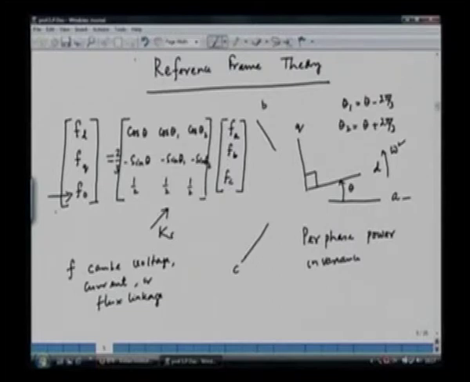So we can always evaluate this transformation matrix, and depending upon the speed, theta is the integration of the speed.